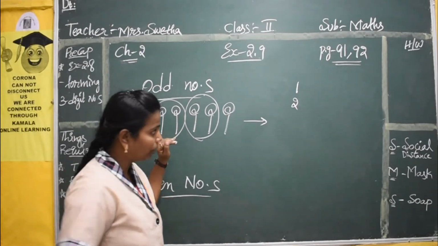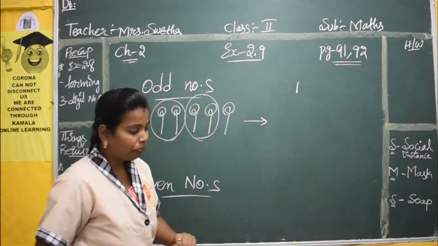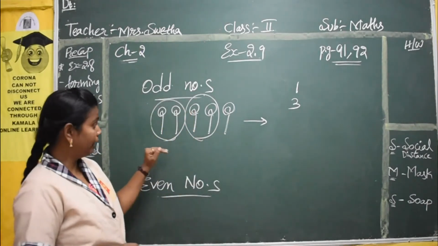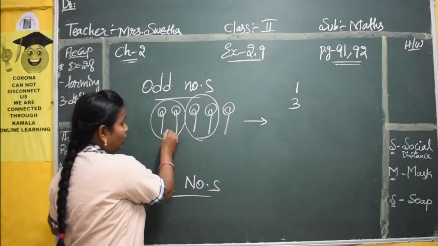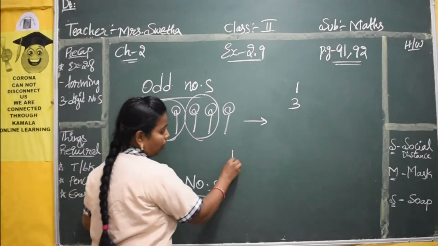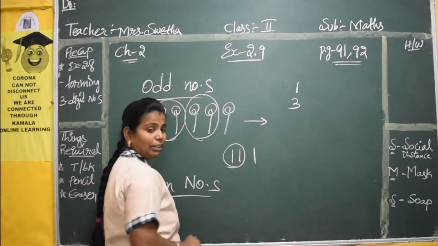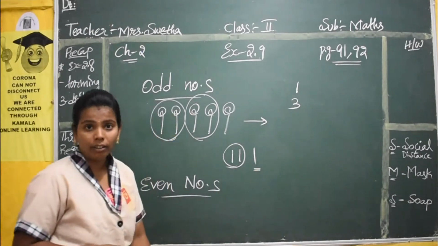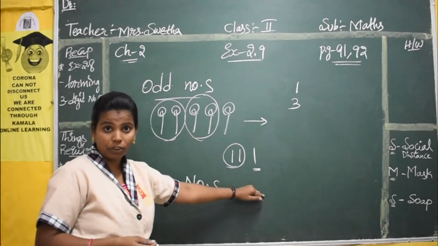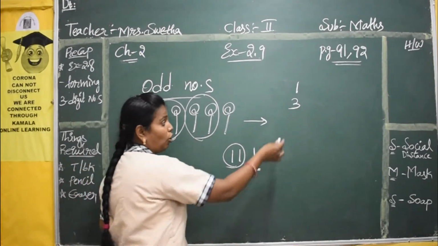So that will not become your odd number. Okay. Next you have 3. So take 1, 2, 3. You will make 2 as 1 pair. Again 1 is left here. So if we have any left out things, then it becomes an odd number.